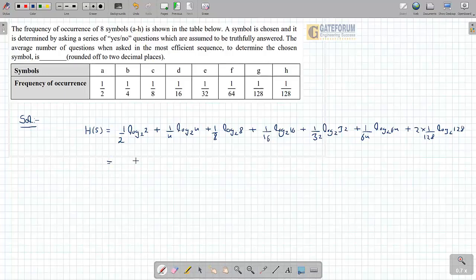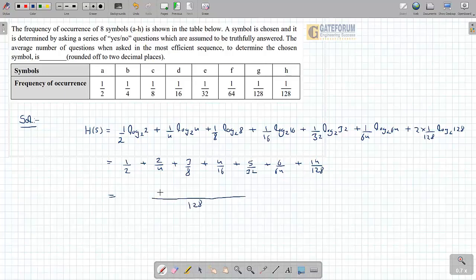So now I can simplify this. 1/2 plus 4 plus 2 plus 32 plus 54 plus 13 by 128. You can further simplify this.